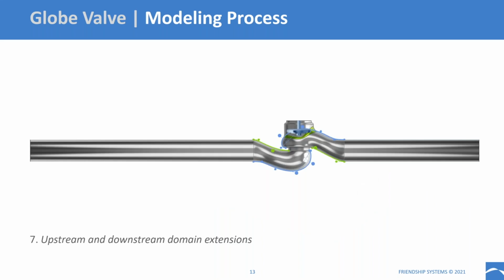And then we have the geometry for our fluid volume in the valve, and for the CFD computations, we extended the inlet and outlet upstream and downstream, so that we have a piece of duct where the flow can be fully developed, and then we have another piece at the outlet for evaluations.